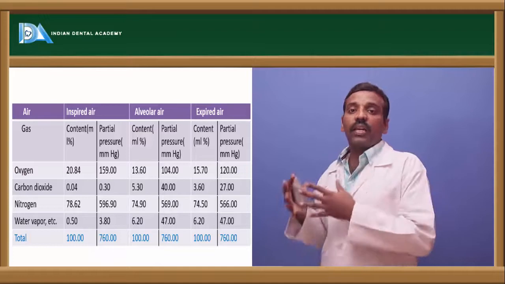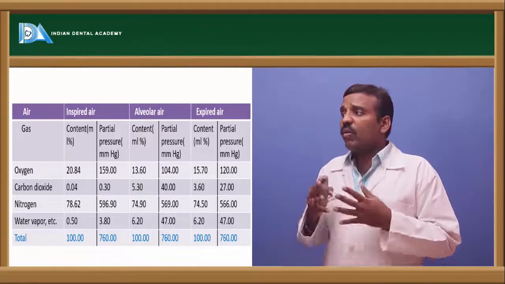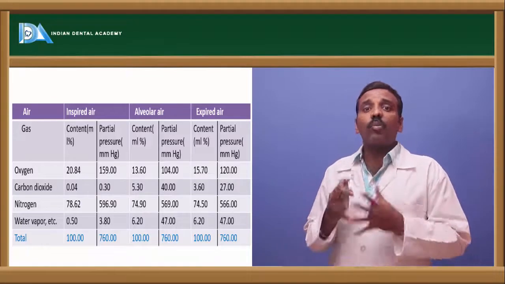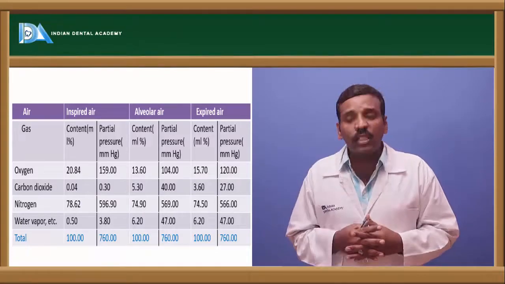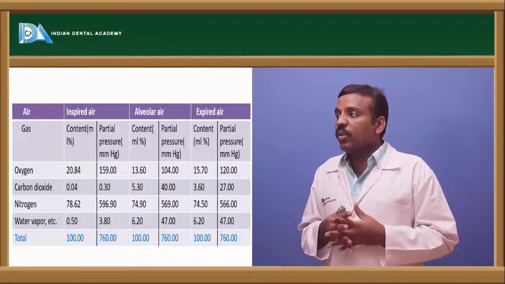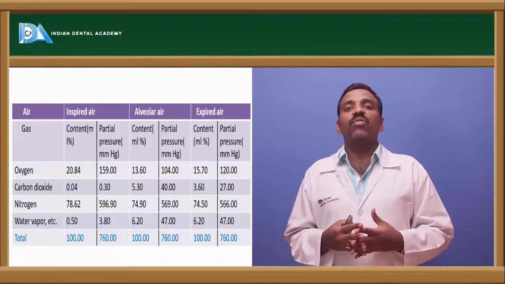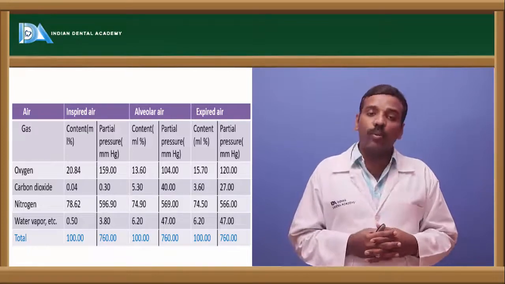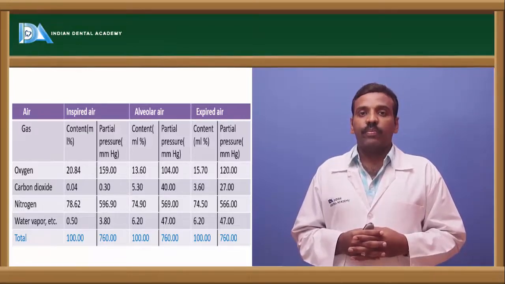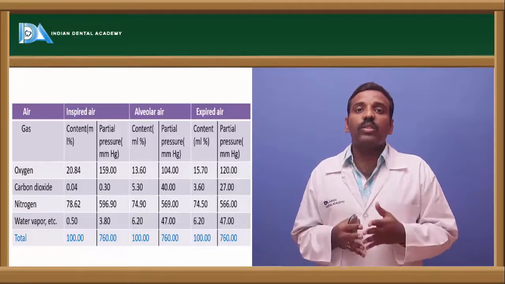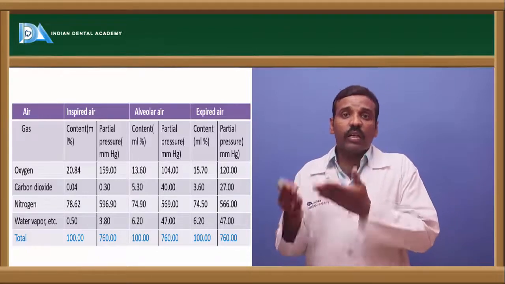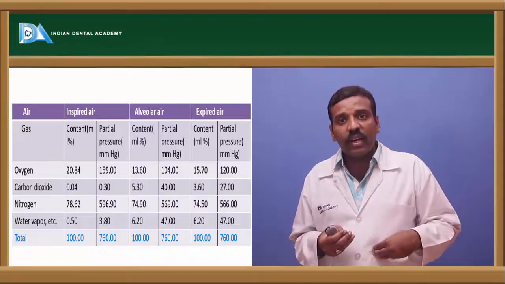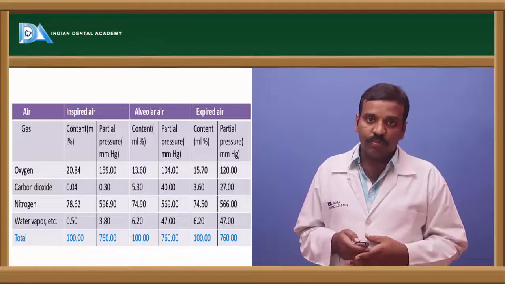Next, in the expired air, oxygen is about 15.7 percent, carbon dioxide is about 3.6 percent, nitrogen is about 74.5 percent, and water vapors and other gases are about 6.2 percent. So this is the composition of the air which we are taking in, what is present in the lungs, and what we expire out.